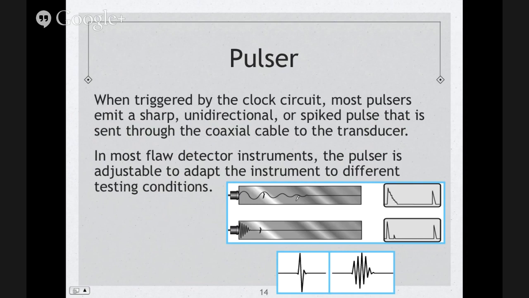So the pulsar is the one sending that pulse to our crystal, and especially in the instruments we're going to work with now, those modern instruments, and even some old instruments, you're going to be able to adjust the pulse characteristics, meaning how strong you want that pulse to be.